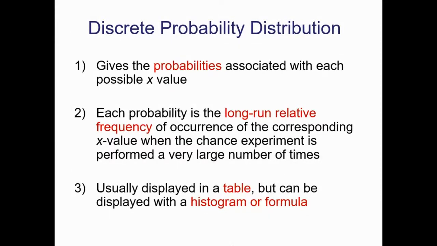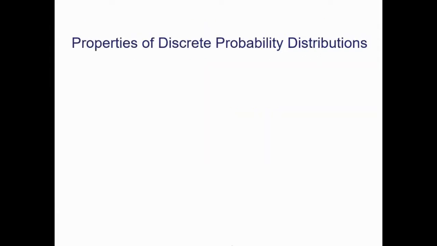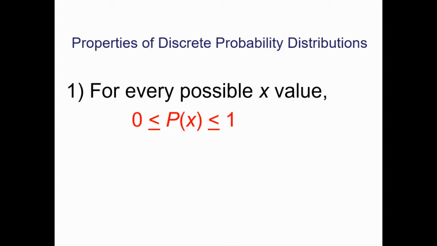So let's look at 2 properties of discrete probability distributions. For every possible value of x, the probability has to be between 0 and 1 inclusive.